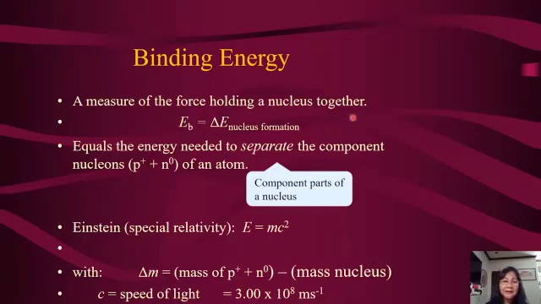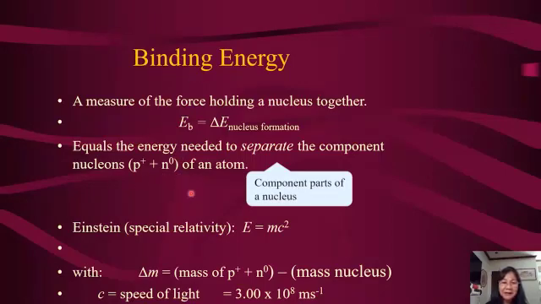That energy is called the binding energy of the nucleus. The binding energy is also the energy needed to separate the component nucleons. There must be enough energy to hold the nucleons together to prevent the protons from repelling each other, and that's the same amount of energy that is needed to break them apart.